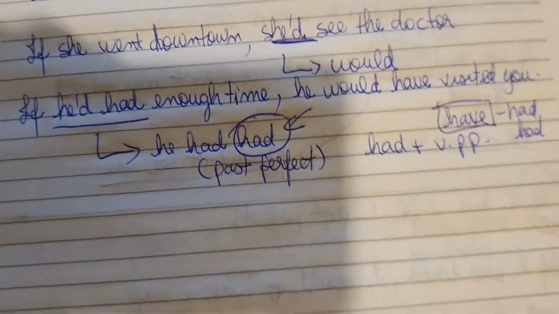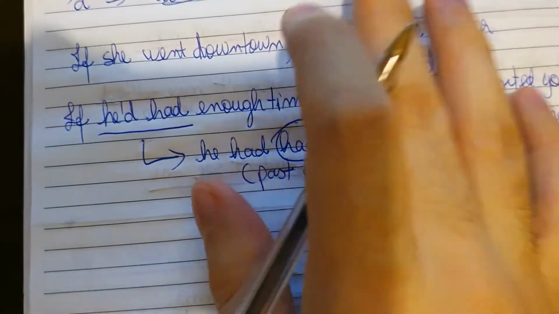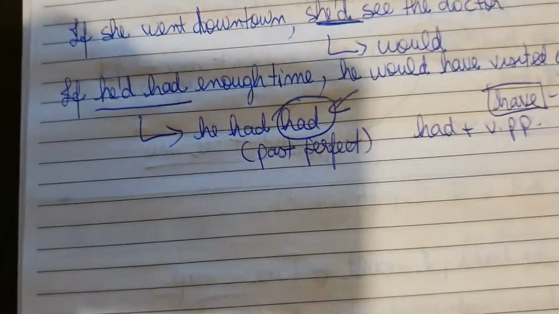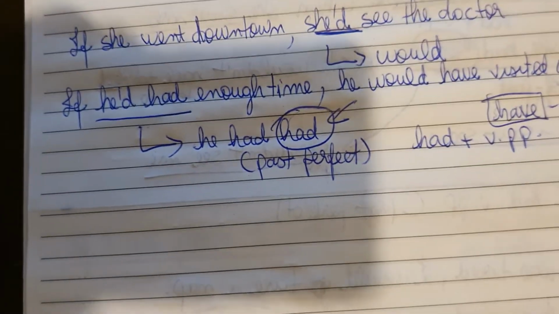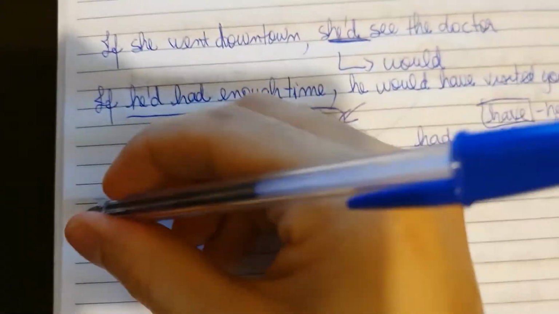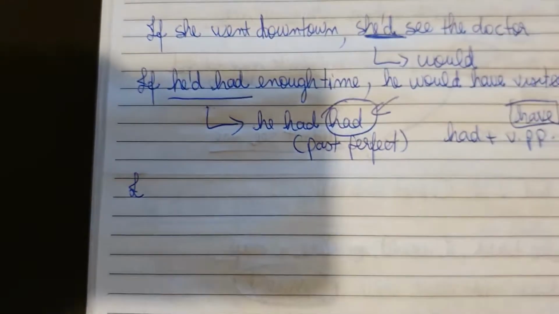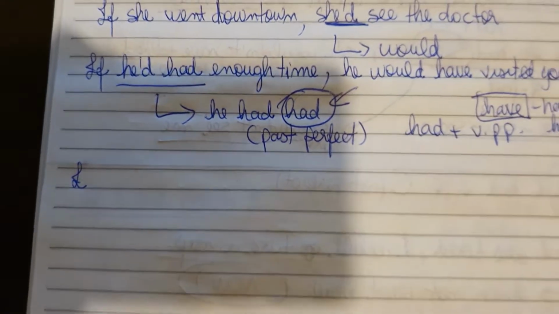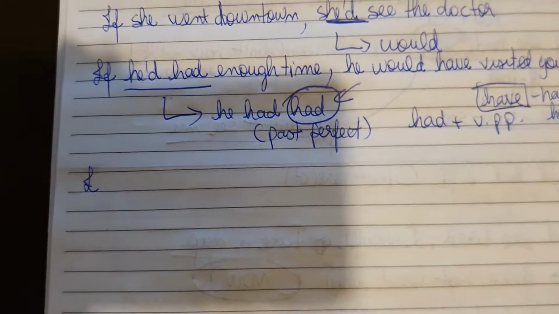All right. Is it possible to use this structure, had done, after wish? For example, let's remind a previous video that I recorded that I talked about the verb wish.